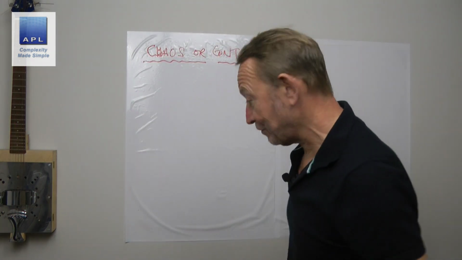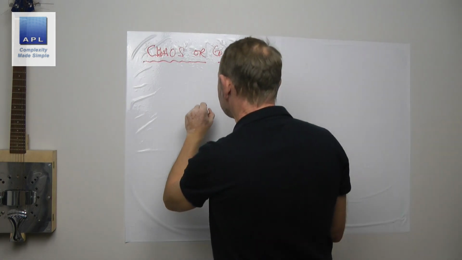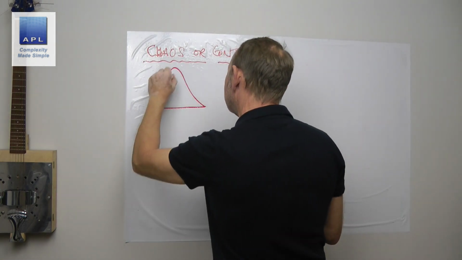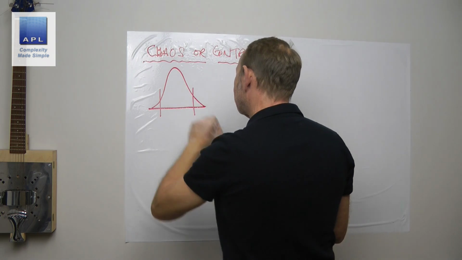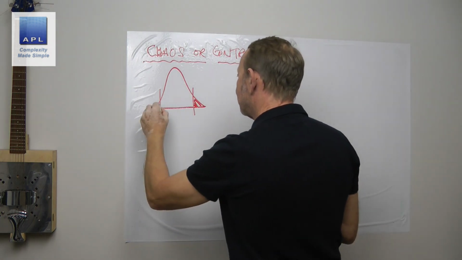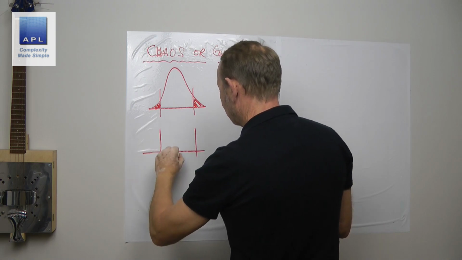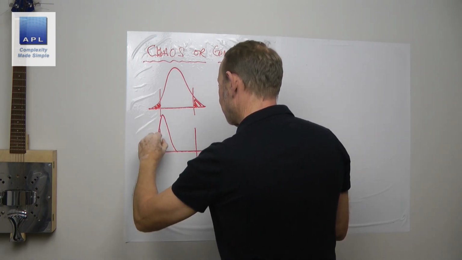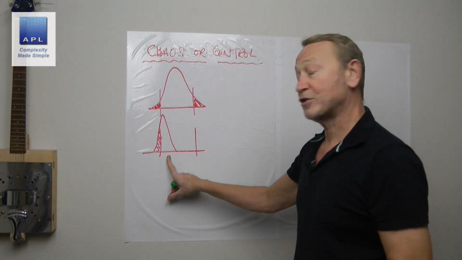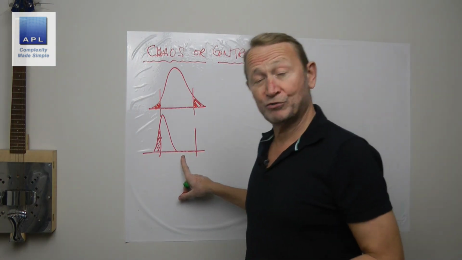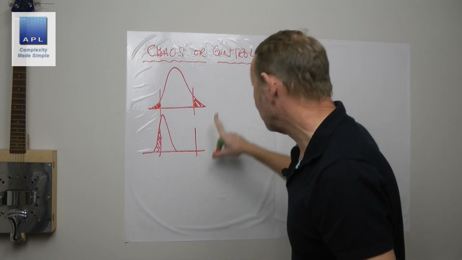So you're going to see this in the case study. And what I mean by this is, does your problem look like this? Too much variability? Or does your problem look like this? Your process has moved off center and you just need to adjust the aim.